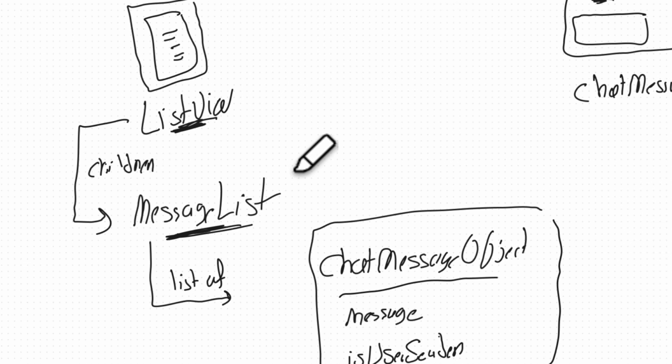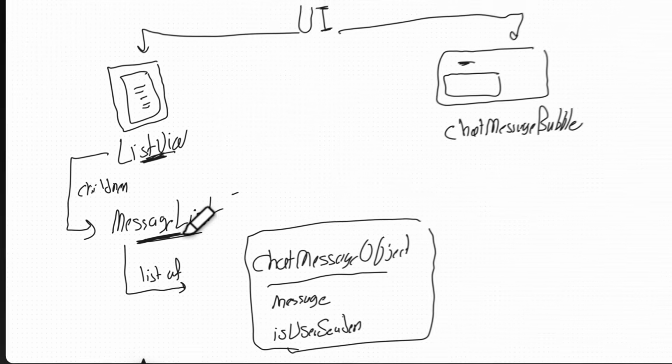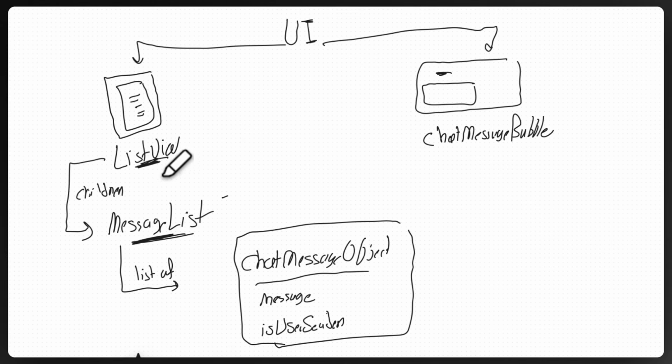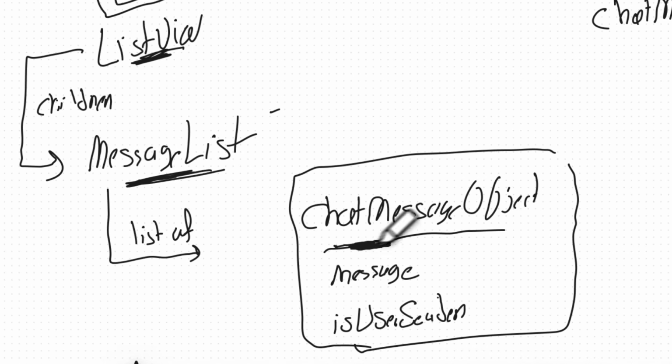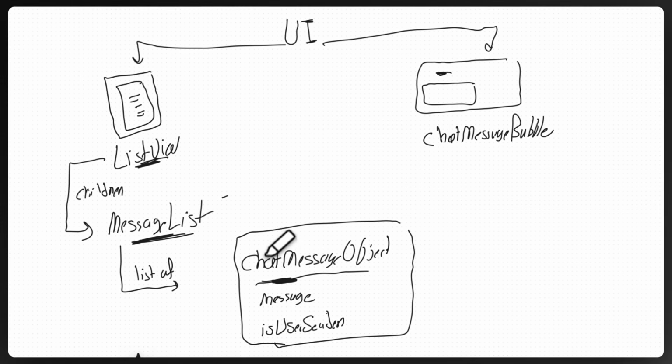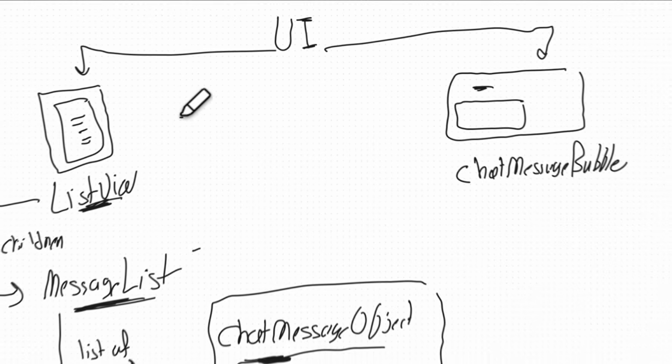So if we have, let's say, 3 items in the message list, which is like 3 messages, the list view will render 3 items. But the problem is that the chat message object, which is the main type of data inside the list, is not a UI. So for the list view to render a UI, we need something called a placeholder.